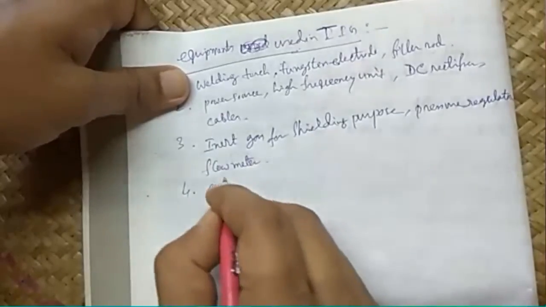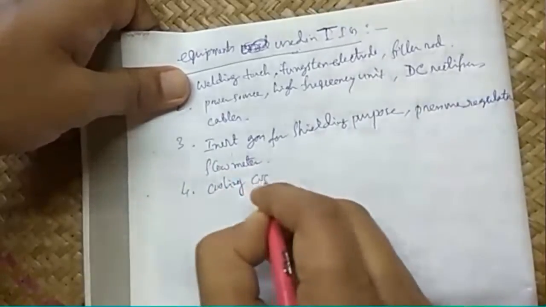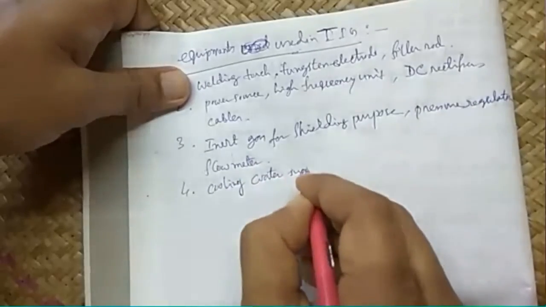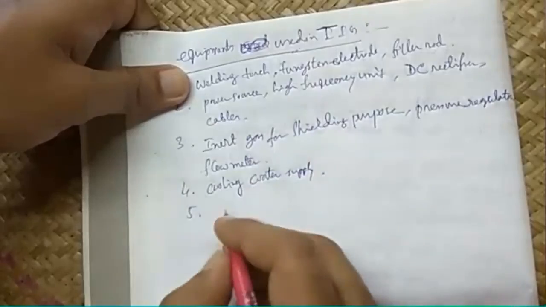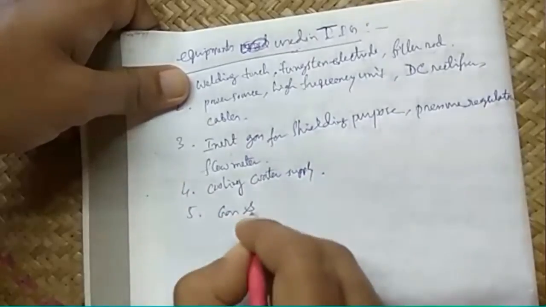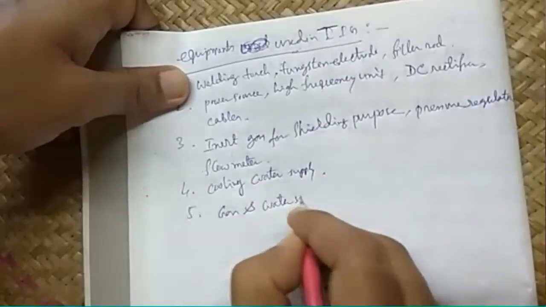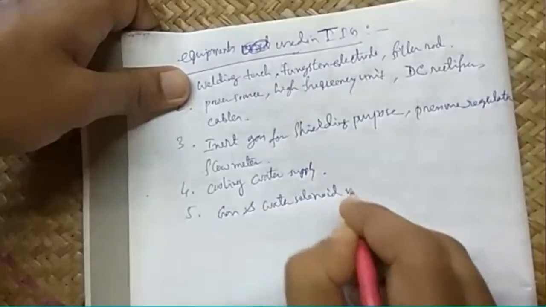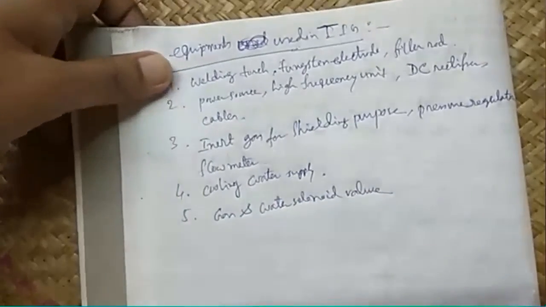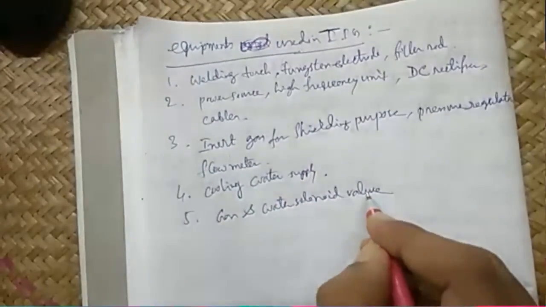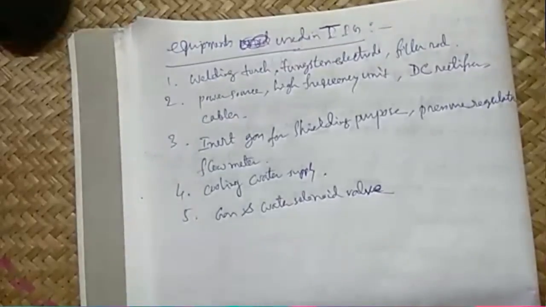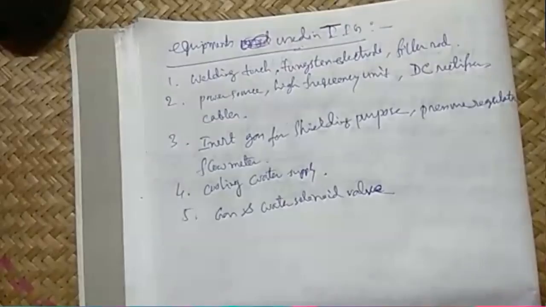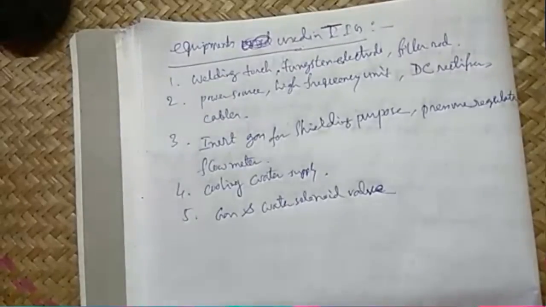Number 4, cooling water supply. Number 5, gas and water solenoid valve. These are required. Now today we'll stop here.